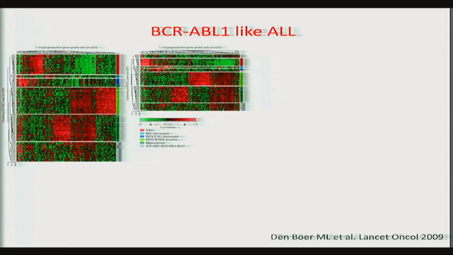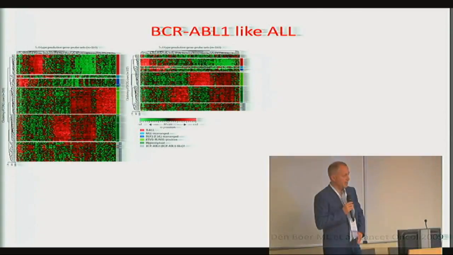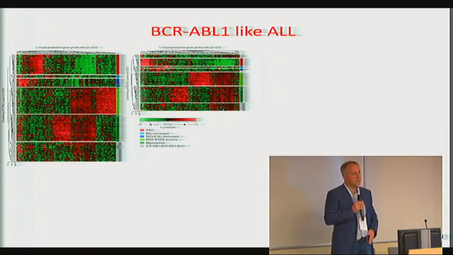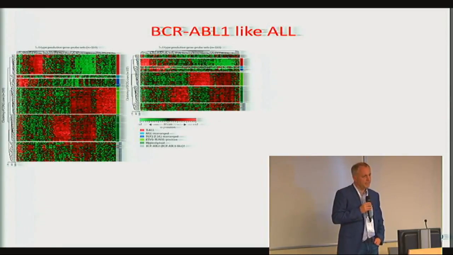If we consider Ikaros deletion, it is probably more complex, and we were focused on the other lesions found in the leukemic cells. But other groups, in Memphis and also in Rotterdam, studied expression profiling of leukemic cells to find other subtypes of leukemia.